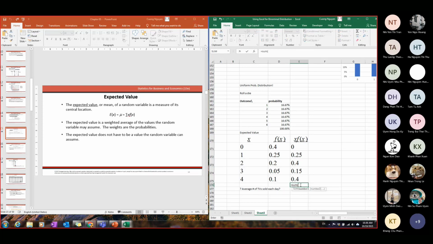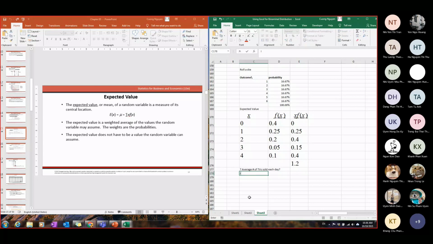And then you just sum up all the values. This will be 1.2. So you can say that on average, the store sells 1.2 TVs per day. Okay, you got it?